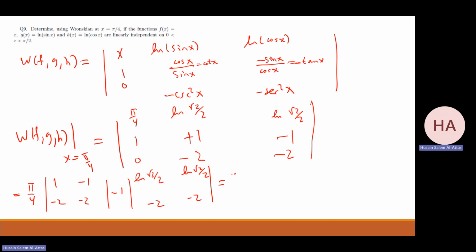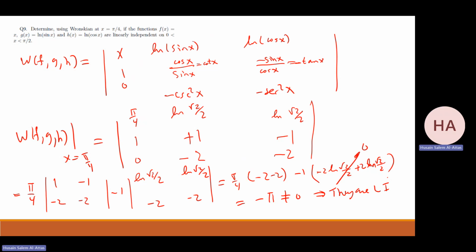That will be pi over 4 times minus 2 minus 2. Then I have minus 1 times this: minus 2 ln square root 2 over 2 plus 2 ln square root 2 over 2. So this is 0. So I have minus pi, not equal to 0. So they are linearly independent.